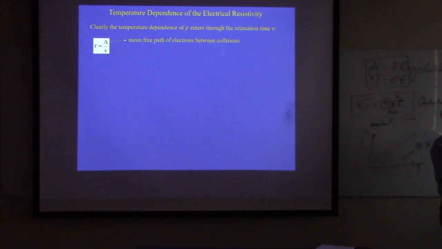Now suppose you are heating it to high temperature. We know phonons, right? The ions are vibrating. Then these electrons can collide more, right? Because previously it was going without getting scattered. Now they get collided, right? So that means you have more scattering at high temperature. More scattering means your tau is going to be smaller, right? So that means sigma is going to be smaller. That means rho is going to be larger.